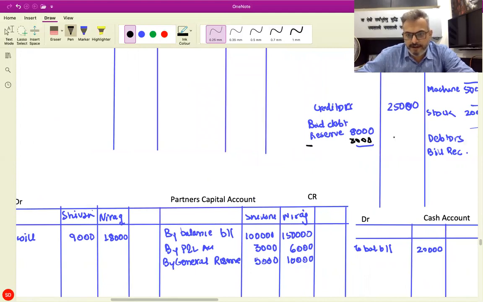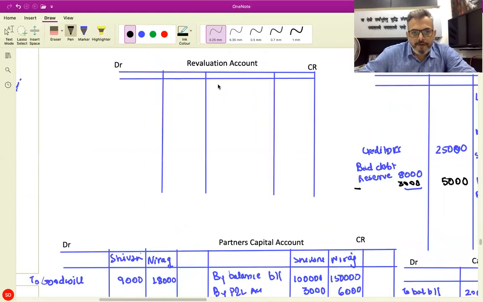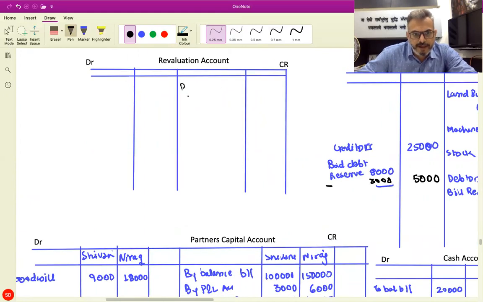Reversal of bad debt. Outer column 5,000. Second effect, revaluation account credit side, by bad debt reserve 3,000.